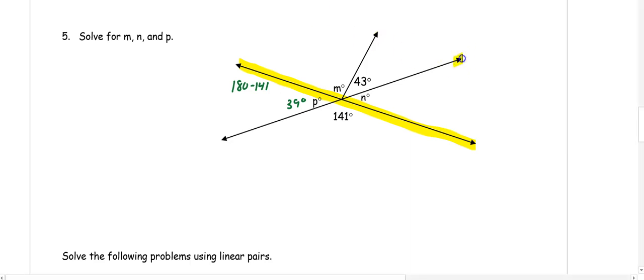Then I can also notice with this other line, I now have two intersecting lines, which means that P and N are vertical angles, so they have the same measure of 39 degrees. And then I can go back to that straight line that I started. So to get M, I know two of the angle measurements, so I can subtract them from 180 to get my third angle measure. So 180 minus 43 minus 39 means that M is 98 degrees.